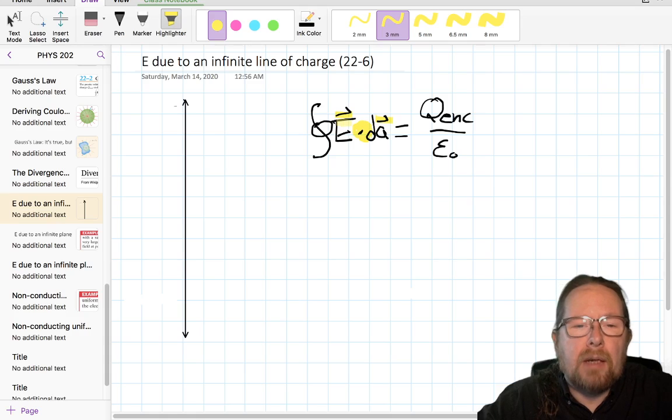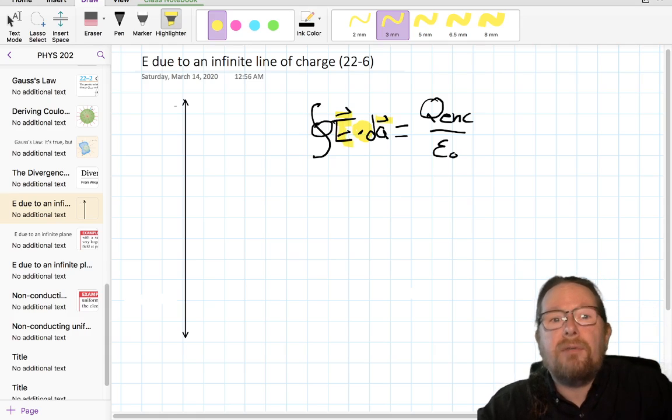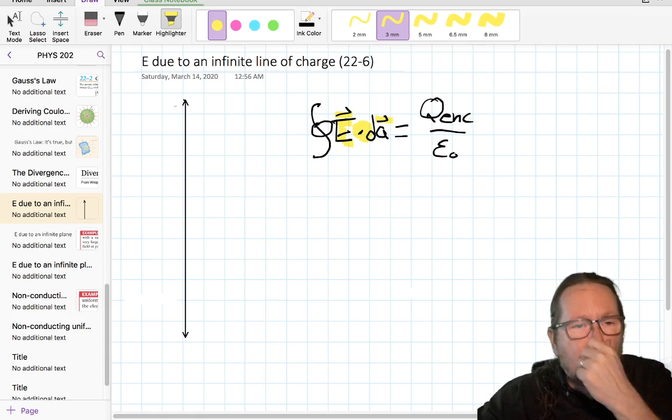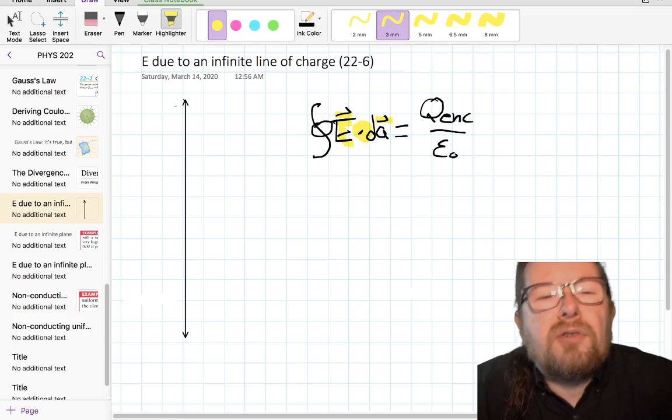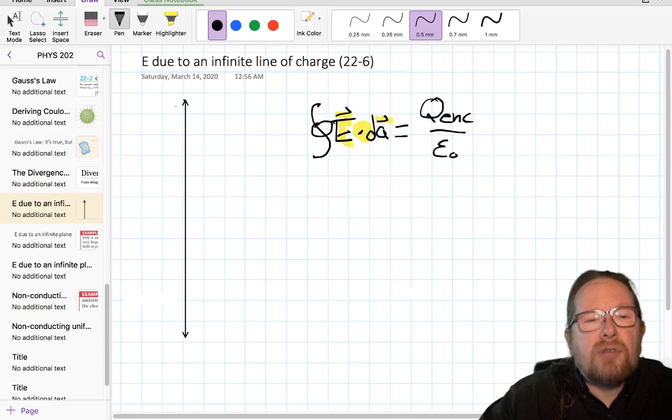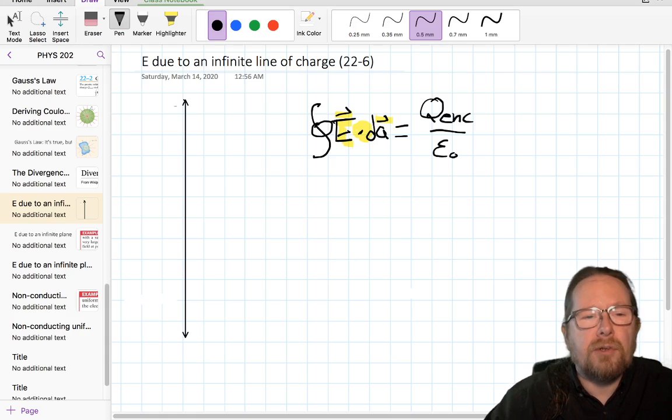You also can't be guaranteed that the electric field is constant everywhere on that surface unless you choose the surface specifically so that those conditions are met. So when doing a problem involving Gauss's law, you want to look at the symmetry of the situation. And you want to ask yourself what kind of surface is the right surface to choose to integrate over in order to use Gauss's law.